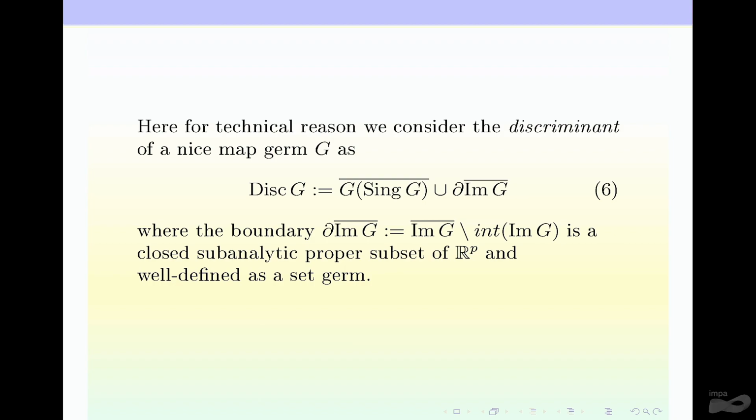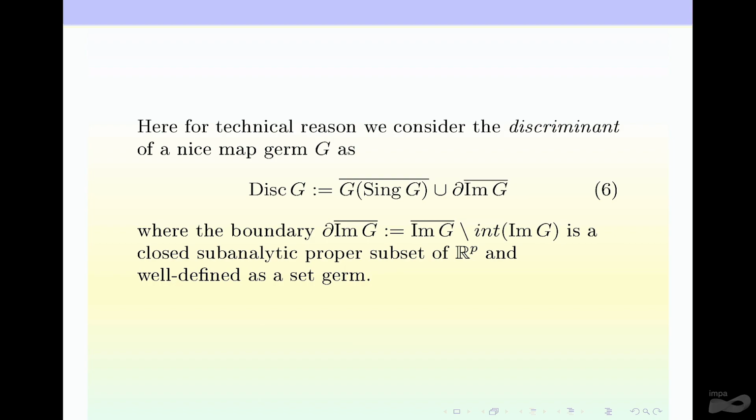But when it is well defined, we need to consider that. And that's the point. Okay? If the origin does not belong to such a set, it's not a problem. You just shrink the neighborhood, get rid of that. But in general, we need to consider also such a set.